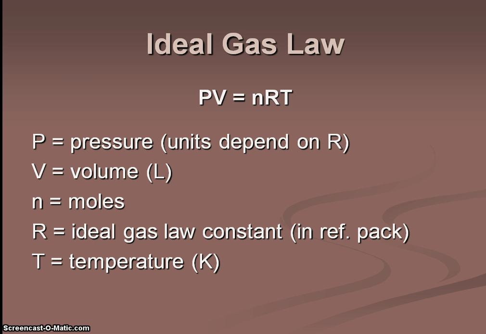The first one, 0.0821, has ATM in the units, so anytime you have ATM for pressure, you use 0.0821 for R. If pressure was in mmHg, you would use the second one, 62.4. And mmHg and torr are actually the same thing, so you can use that one for torr as well.